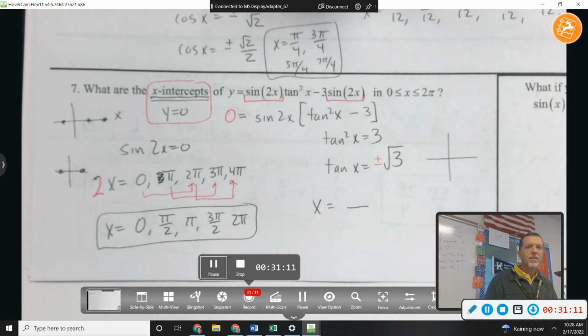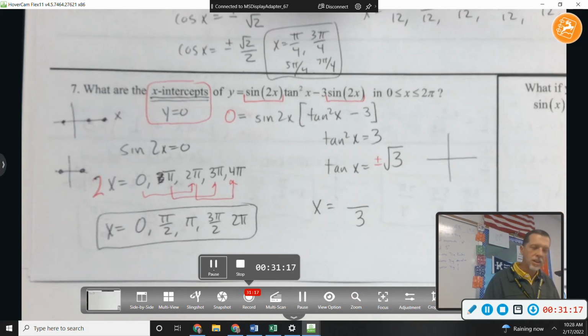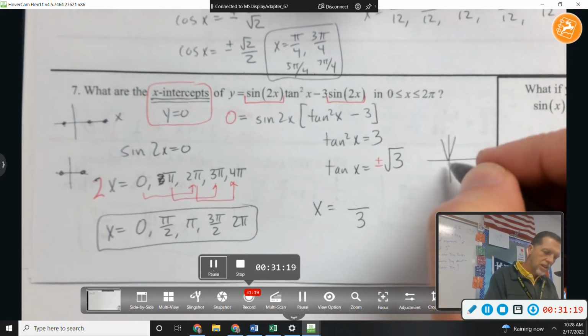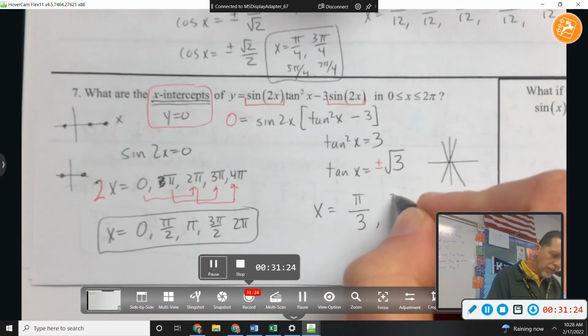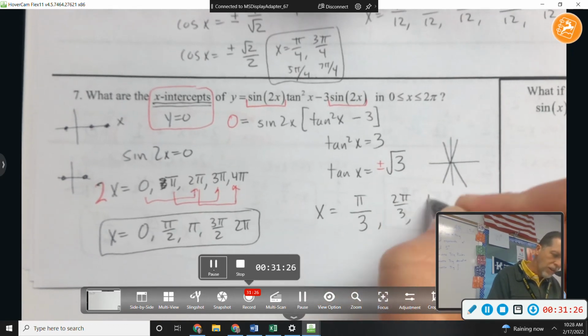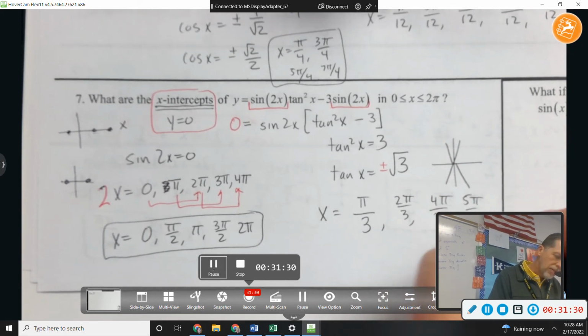There's only one 3 there, so my denominator will be 3. So all the over 3's. Pi over 3, 2 pi over 3, 4 pi over 3, 5 pi over 3.